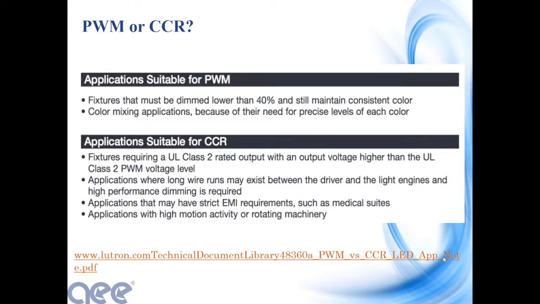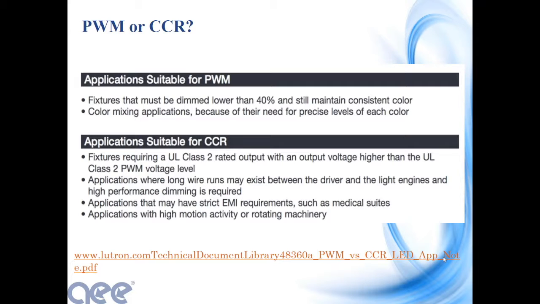So, whether we use pulse width modulation or constant current really depends on the application. The applications suitable for PWM are fixtures that must be dimmed lower than 40% and still maintain consistent color. Another application is color mixing applications because of their need for precise levels of each color.